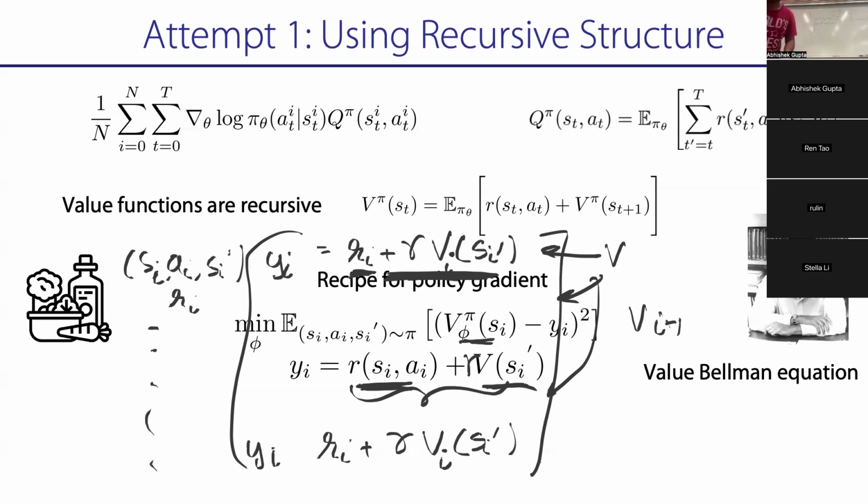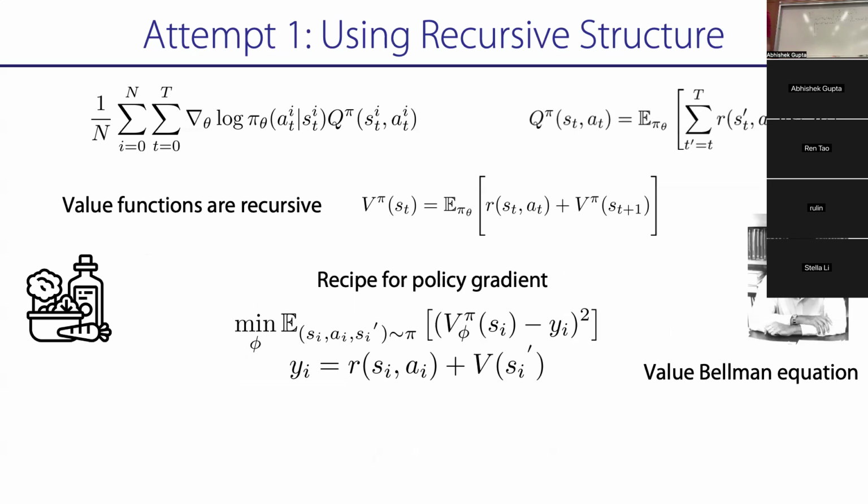Okay, so the important thing here is that when I'm constructing these targets, I am not taking the gradient through this value function. You can think of this as, if you're in PyTorch, you do it with stop gradient. So you construct a target, you stop the gradient through it, and then you regress on a particular value function. Once the value function is good enough, you construct a new set of targets. But you do not take the gradient through the right-hand side.